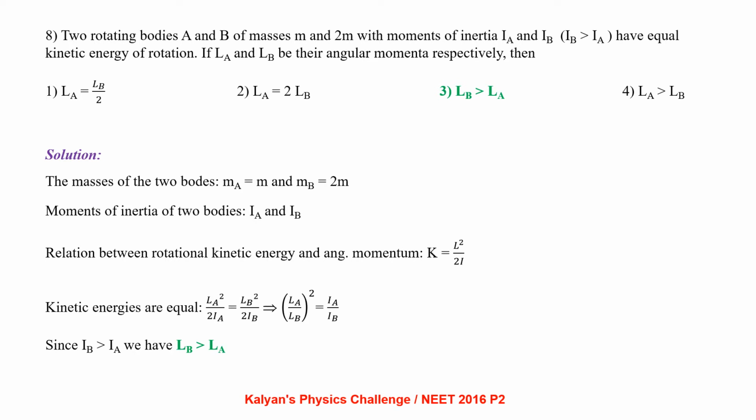Now let us see the relation between rotational kinetic energy, angular momentum and moment of inertia, that is given by K equal to L square by 2I. As kinetic energies are equal, we can write La square by 2Ia equal to Lb square by 2Ib. From there we get La by Lb whole square equal to Ia by Ib. Since Ib is greater than Ia, we get Lb greater than La.